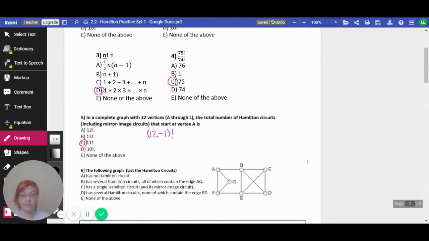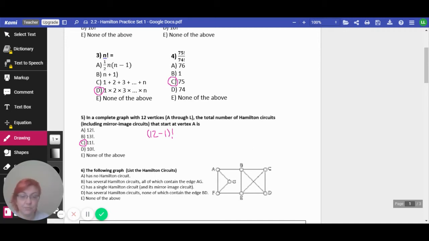The following graph: does it have no Hamilton circuits, have several Hamilton circuits, all of which include the edge AG, have a single Hamilton circuit and its mirror image, several Hamilton circuits, none of which contain BD, or none of the above?